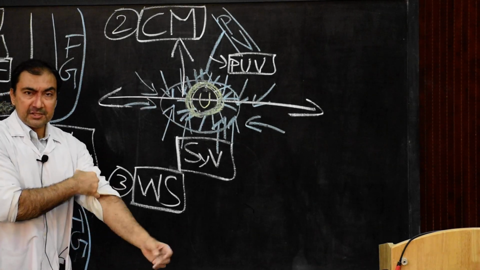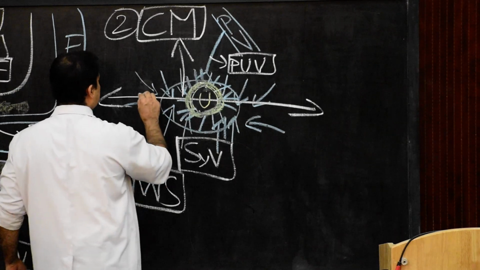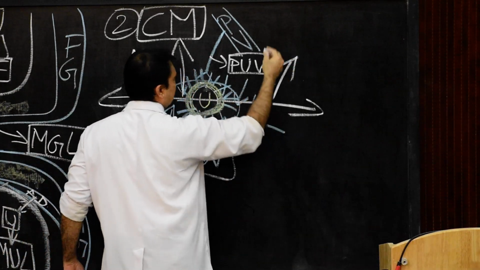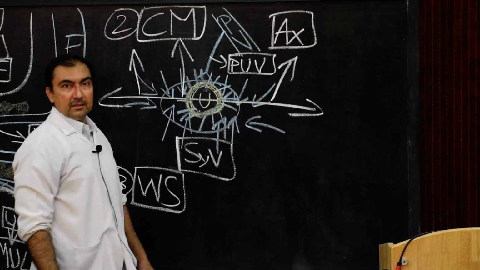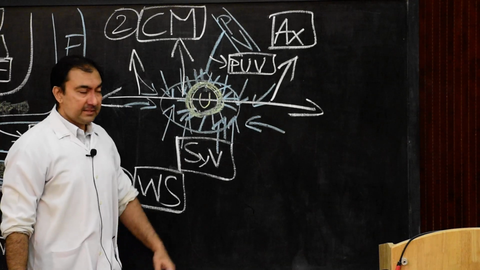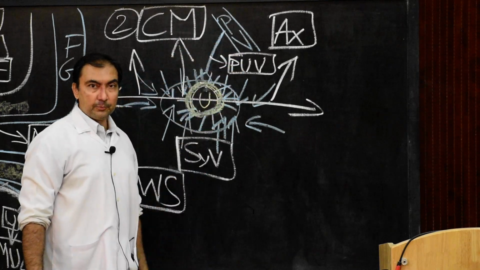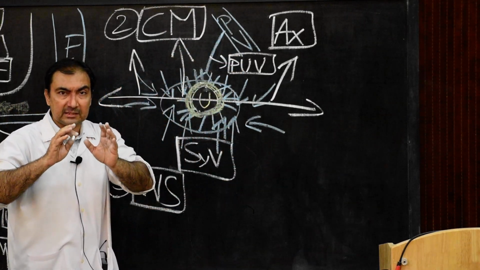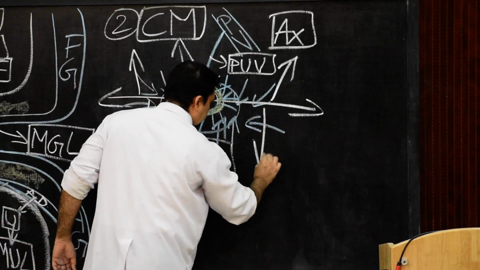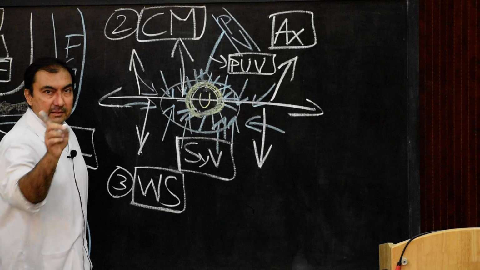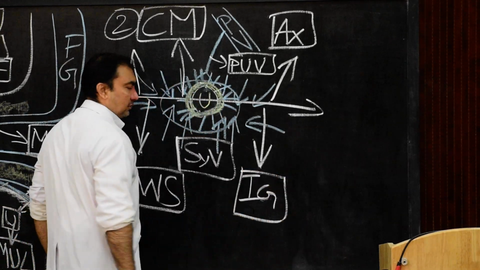All the subcutaneous lymphatics above this horizontal line will drain into the axillary group of lymph nodes, and whatever subcutaneous lymphatics are present below this horizontal line will drain into the inguinal group of lymph nodes.